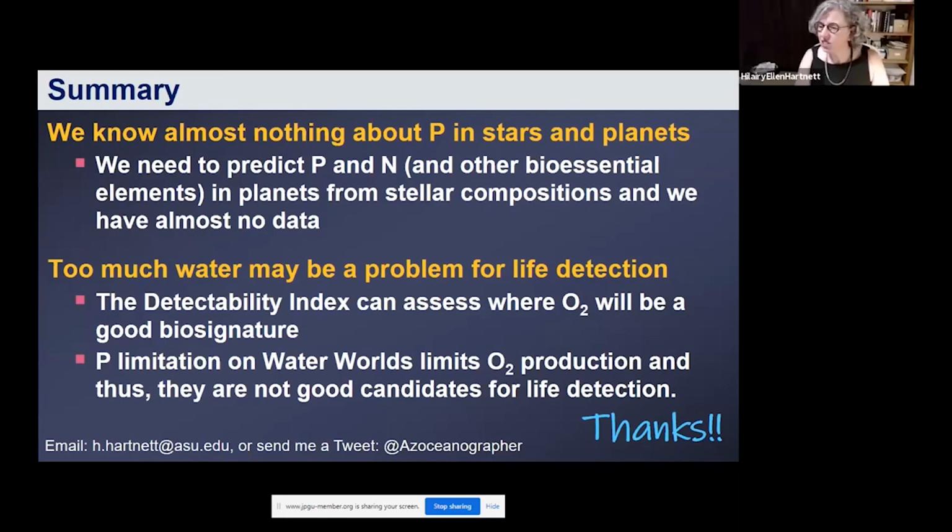So the next question is from Brooks Hansen. It says, on Earth, ocean hydrothermal systems remove phosphorus from the ocean. On a water world with different chemistry, could this reverse? That's a really great question. And we worried a lot about what to do with the hydrothermal phosphorus flux. In high temperature hydrothermal systems, phosphorus for sure is taken out of the seawater.